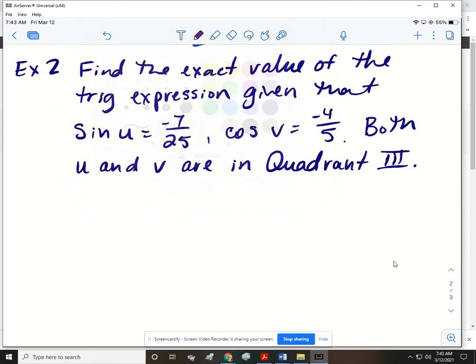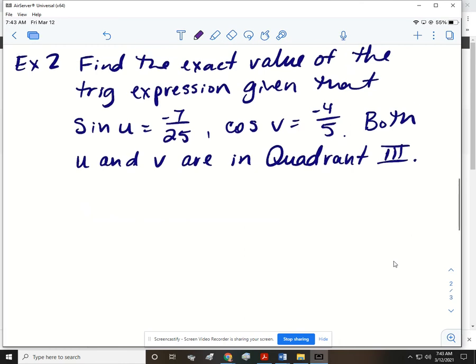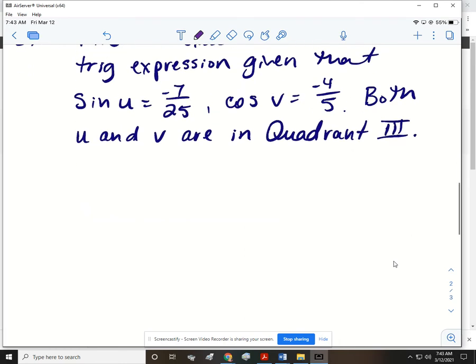All right, so the first thing that we need to do is draw these triangles. So you're going to have a triangle for u and then a separate triangle for v. All right, so they're both going to be drawn in quadrant 3.